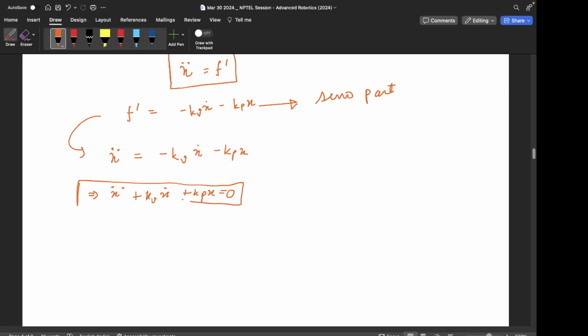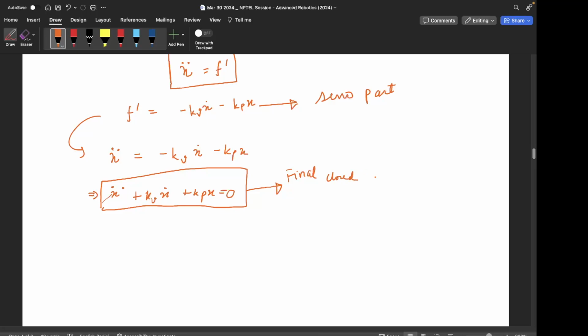So this is the final closed loop system dynamics.